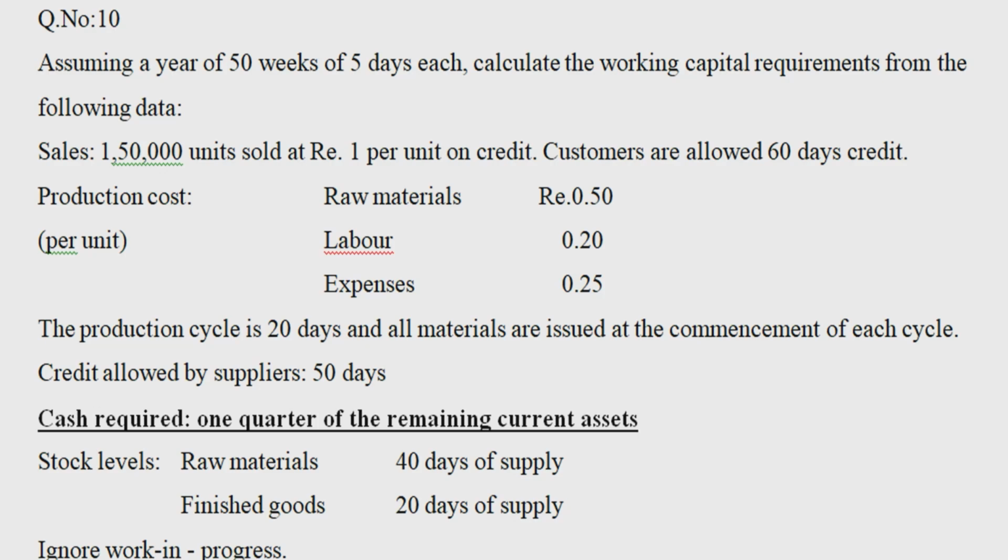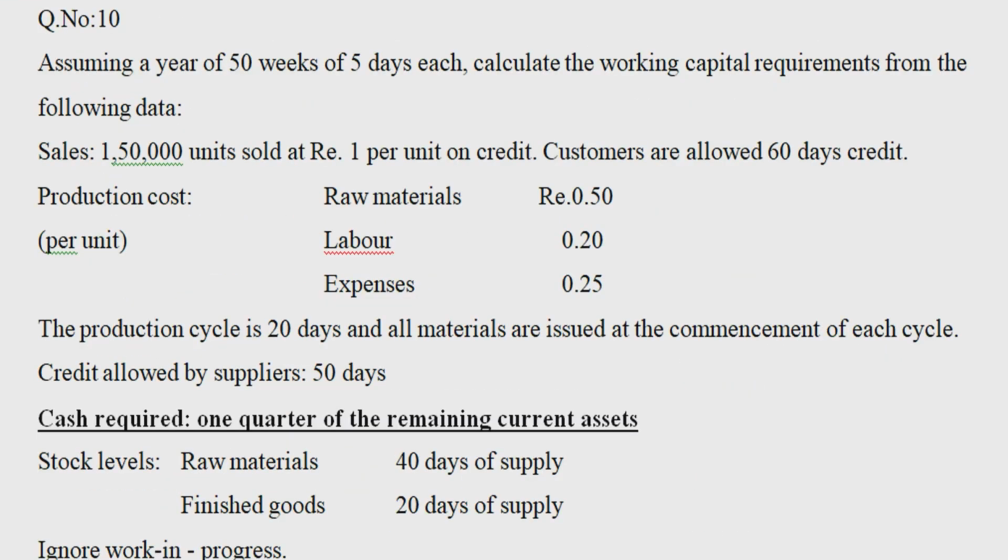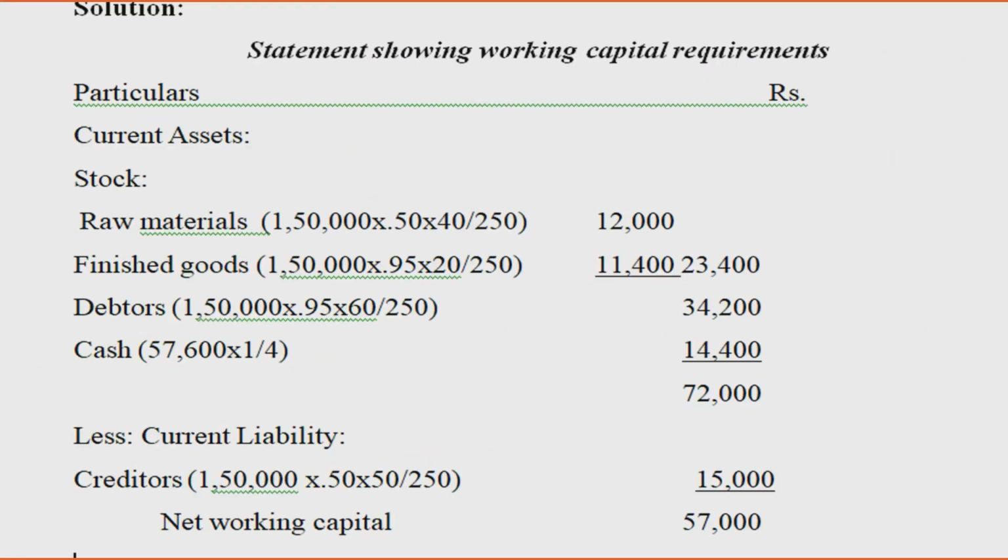So finished goods comprise the raw material, labor and all those expenses. So 1,50,000 into 0.95. For the finished goods they have given 20 days of supply, so into 20 divided by 250, 11,400. So total 23,400.